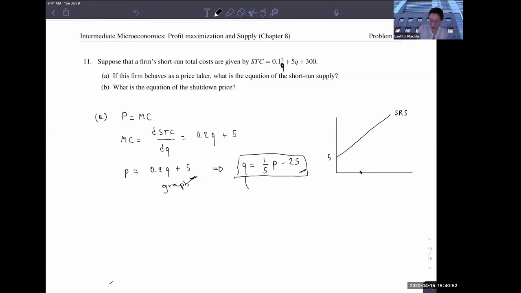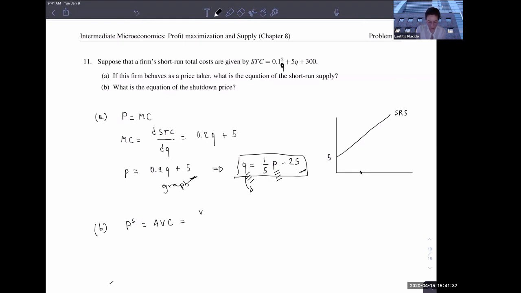Again, this equation gives you, for each price level, the optimal quantity produced by the firm. That's the individual supply curve. So question B, what is the equation of the shutdown price? We have just said that the shutdown price, let's call it PS, is going to be the average variable cost. So what is the average variable cost?